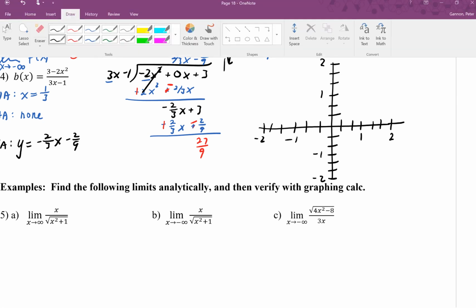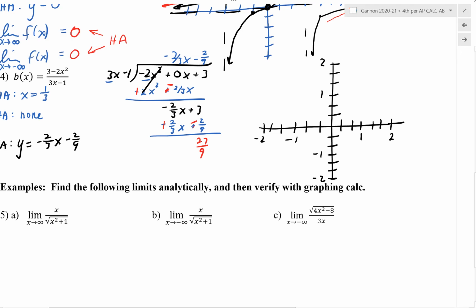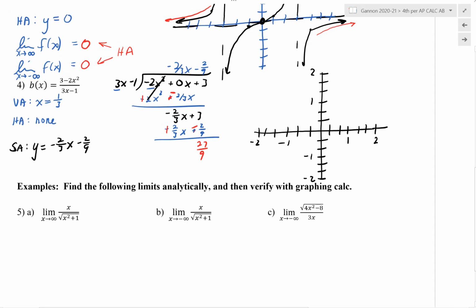So now when I go to plot some of these points, if I have a vertical asymptote of 1/3, I'm going to go to the right 1 mark and put my asymptote. I've got y equals negative 2/3 x minus 2/9. So negative 2/9 is going to be about right here.